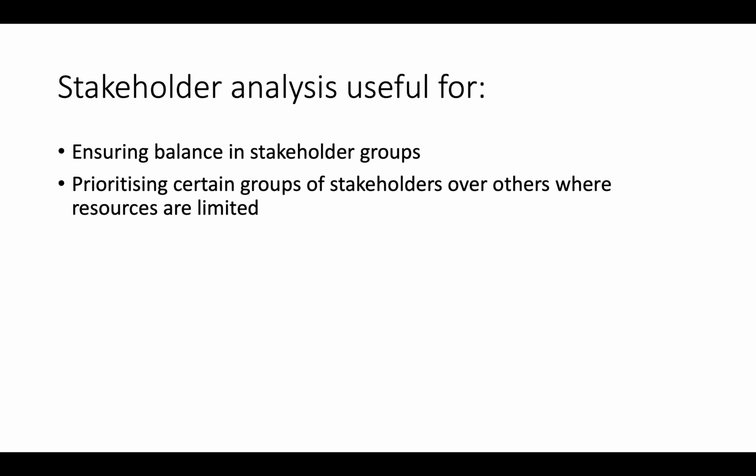So we can't engage with all stakeholders typically within a review. That process would be very expensive and likely take up a whole budget for a systematic review just in the stakeholder engagement part. So we want to try and have meaningful engagement. And by analyzing our stakeholders, it gives us a bit of a picture on which stakeholders are most likely to engage the most, where we're going to be the most efficient and effective.